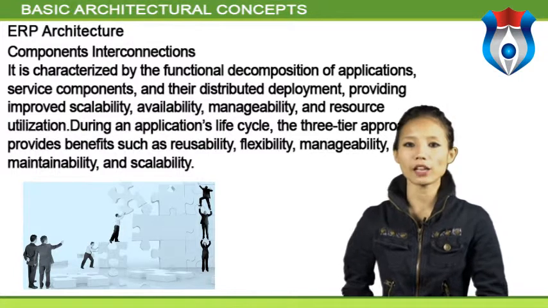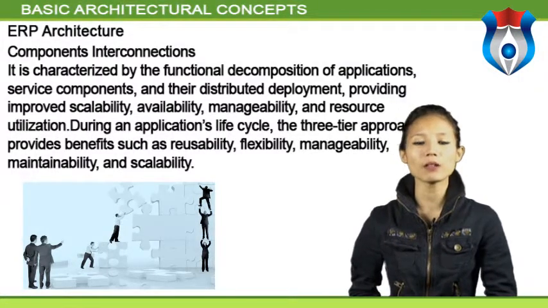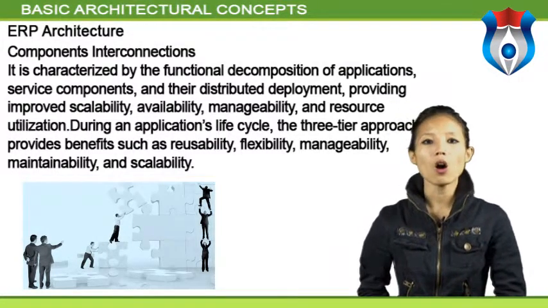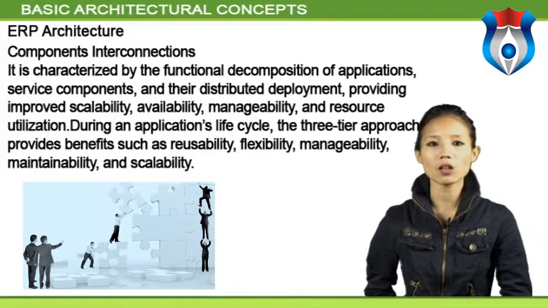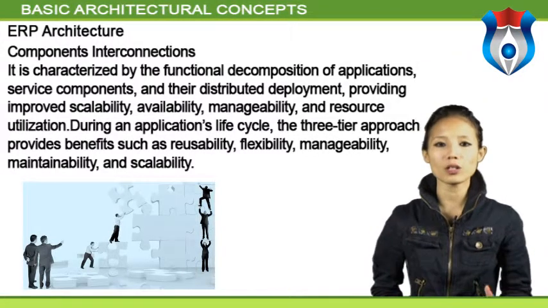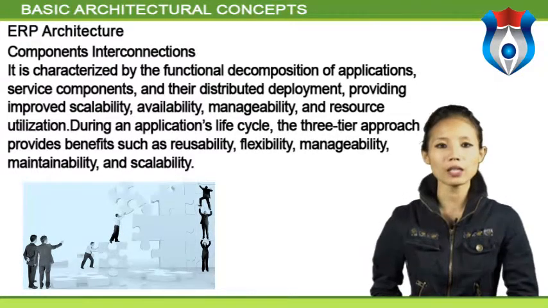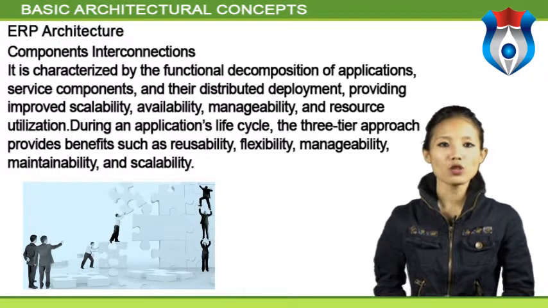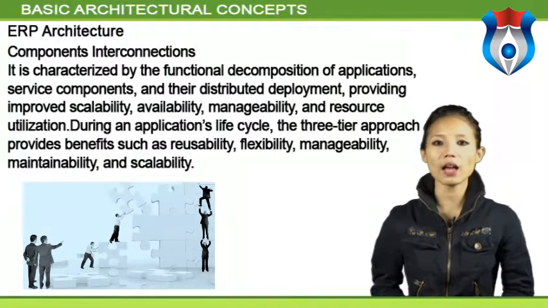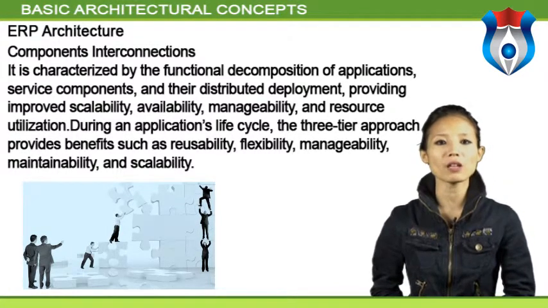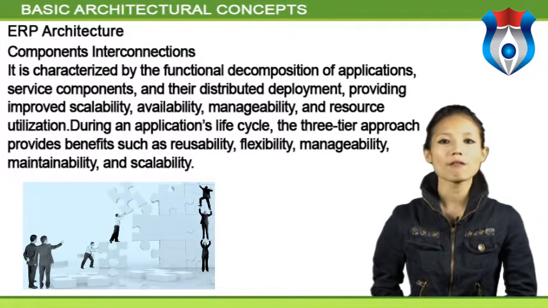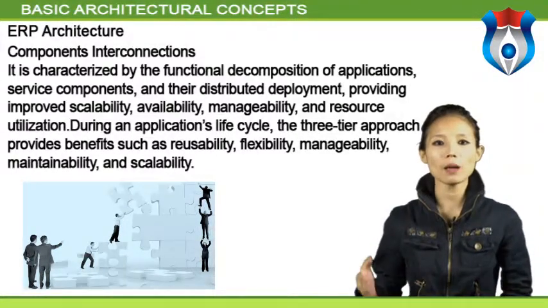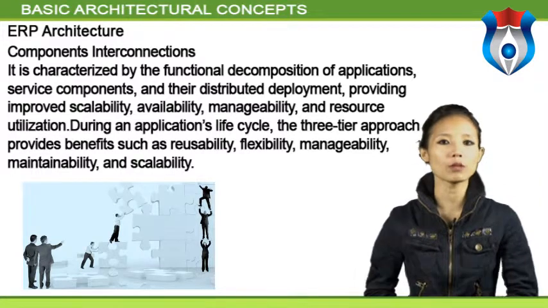Components interconnections. It is characterized by the functional decomposition of application, service components and their distributed deployment, providing improved scalability, availability, manageability and resource utilization. During an application's life cycle, the three-tier approach provides benefits such as reusability, flexibility, manageability, maintainability, and scalability.